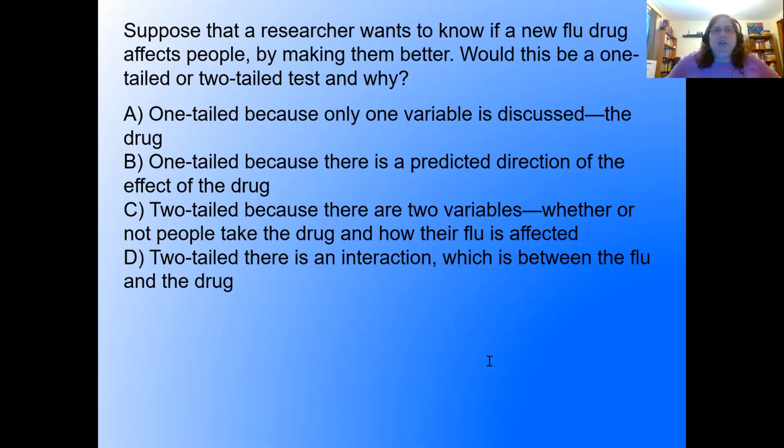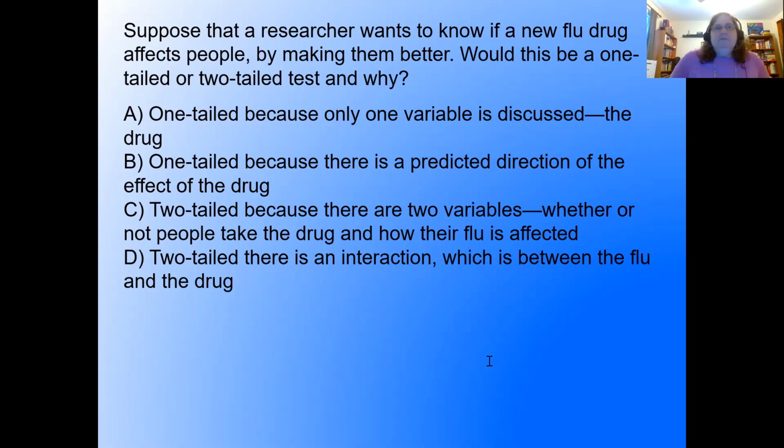Now that's the only thing you have to really worry about when deciding whether something is a one-tailed or two-tailed test. Is there a predicted direction or not? In this case, the researcher wants to know if it's going to make people better, right? Better, improved. We're predicting a direction.